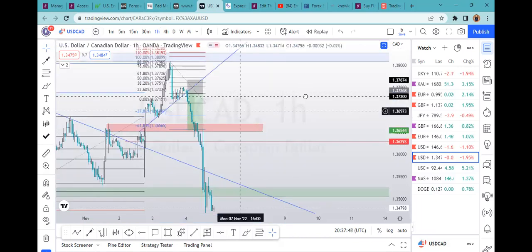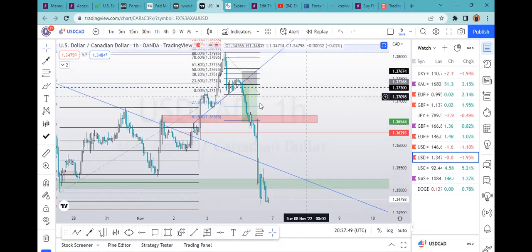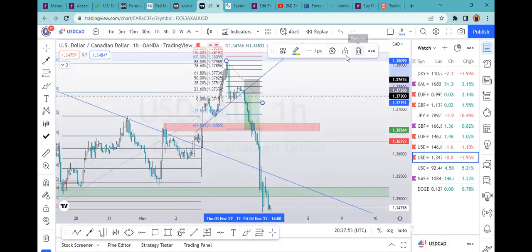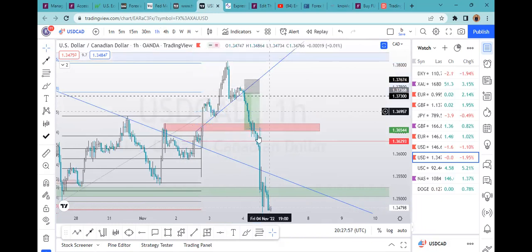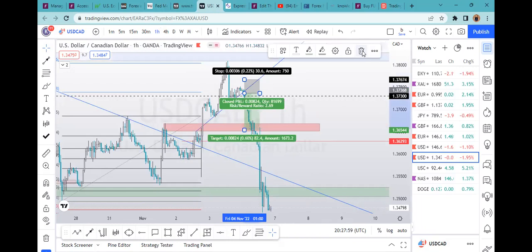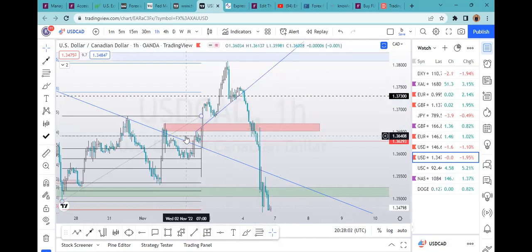I want to switch to a lower time frame now. So we had support and that fib level there that hit the second take profit. But because I was aware that there was a high impact news coming and this was not giving me much confidence as to exhaustion and momentum, the momentum was still very much bearish.